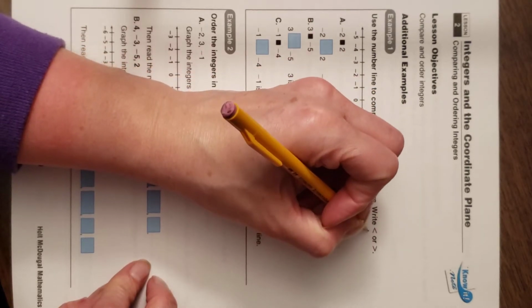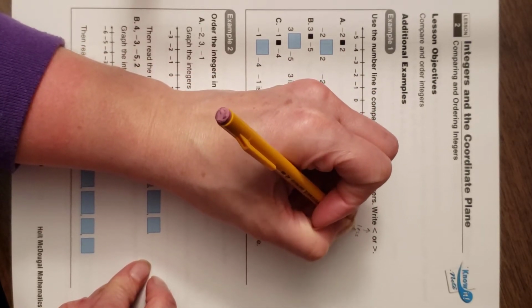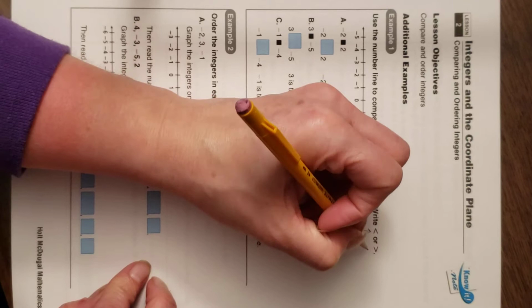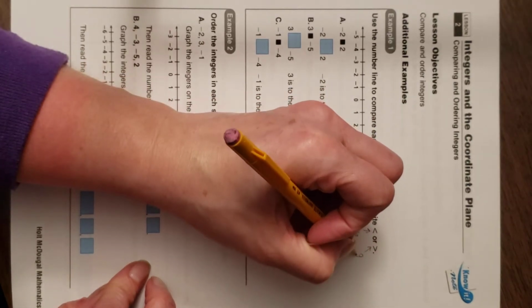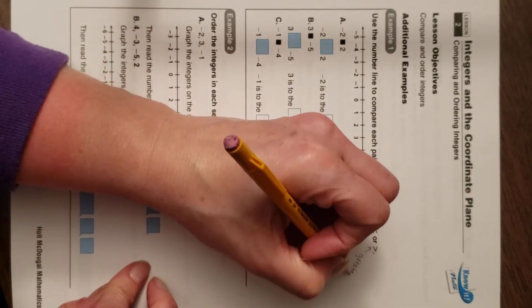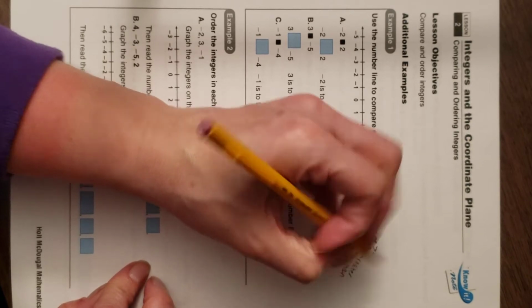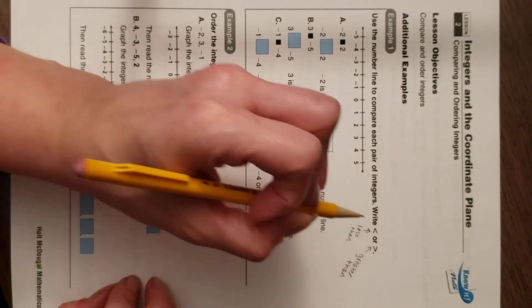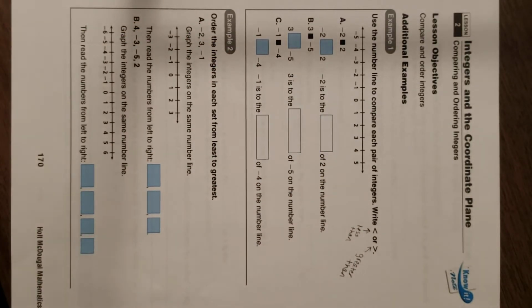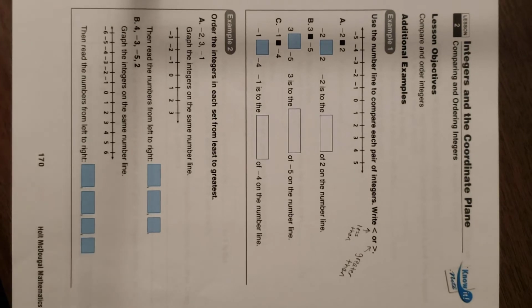Remember, this symbol is less than, and this one is greater than. Less than points to the left. Both start with L. Less than points left. Greater than points to the right. Goes the opposite direction.